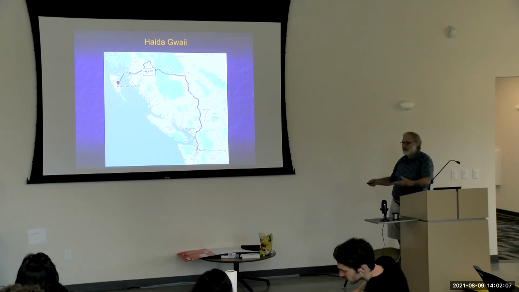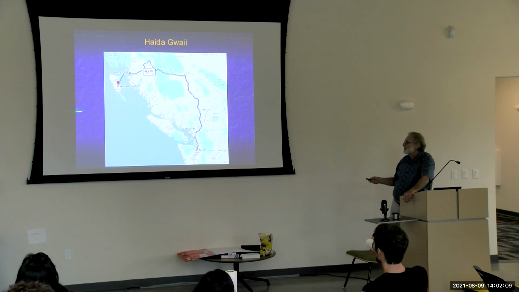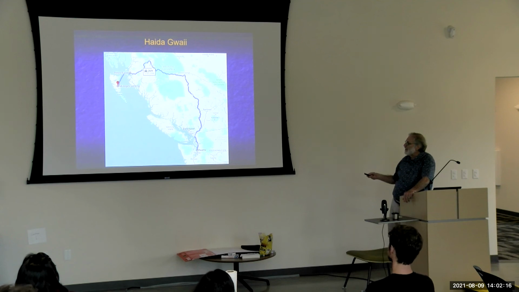And that's now been a completed process. The little green area down at the bottom here is a big national park and marine reserve, and it's part of the Canadian National Park System, but it's run entirely by the Haida Indians who live here.